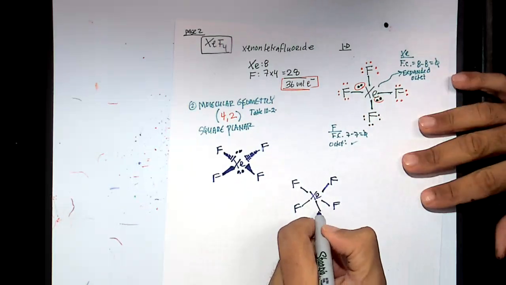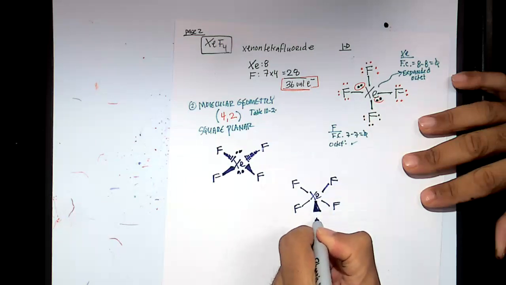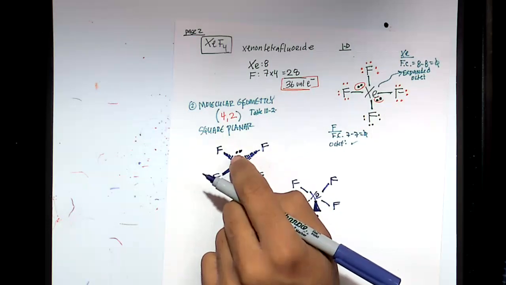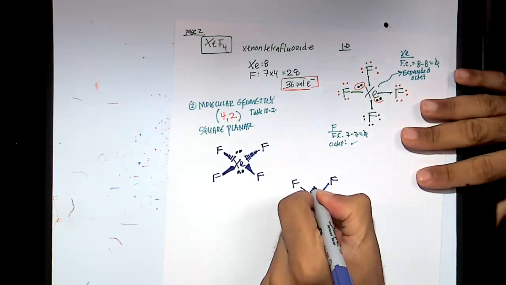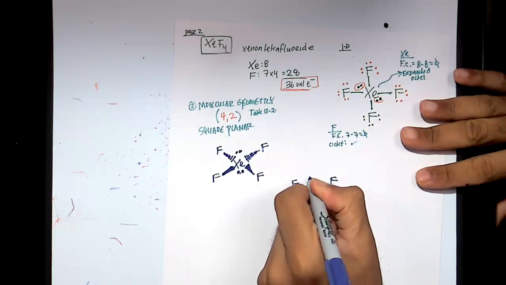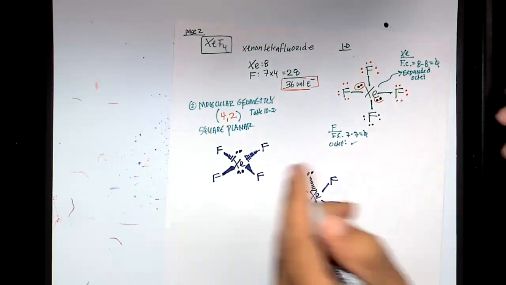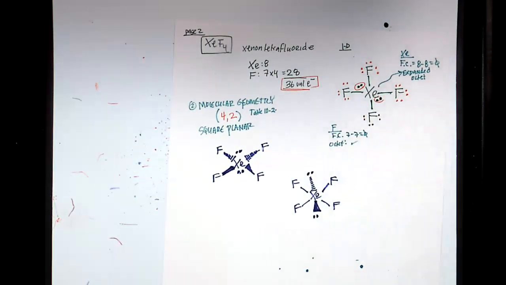Again, 90-degree flip, and this pair of electrons goes in the back. So there are many ways to draw something that's 3D onto a flat piece of paper. It's a little bit neat for those of you that have that interest. All right, so the geometry is square planar.